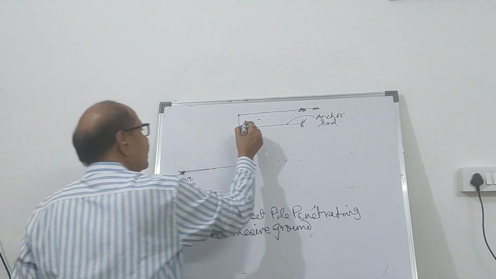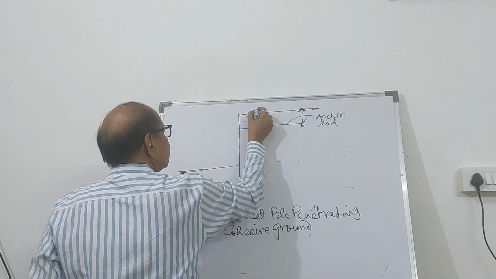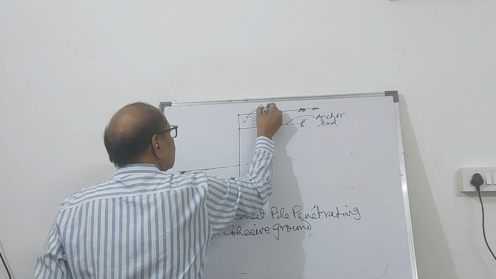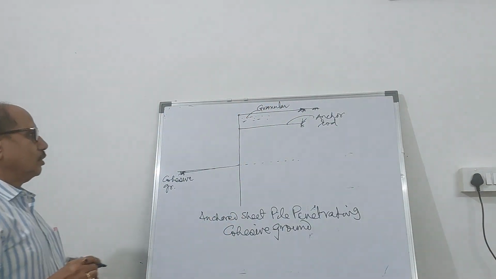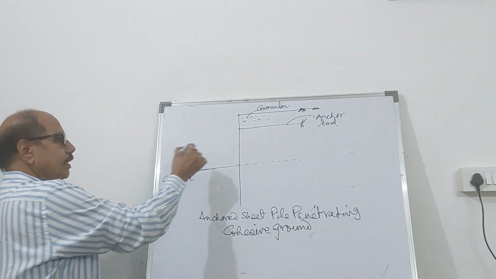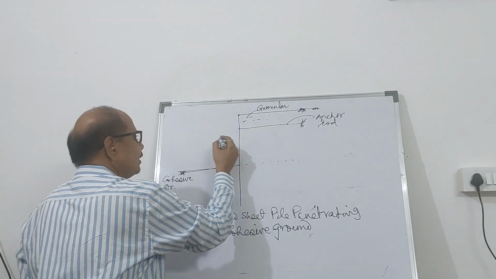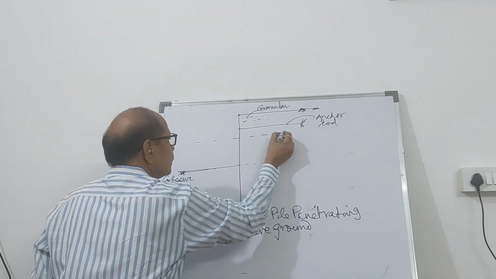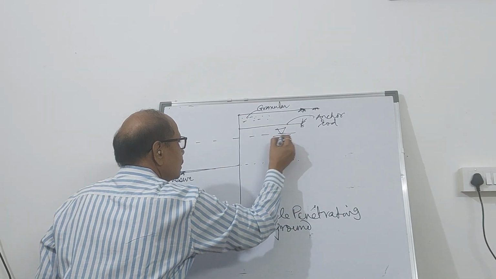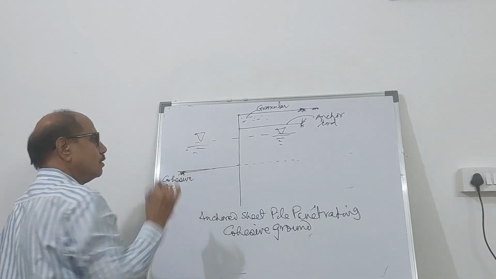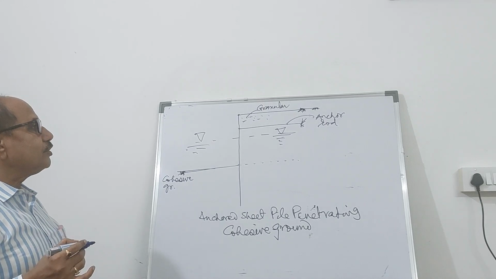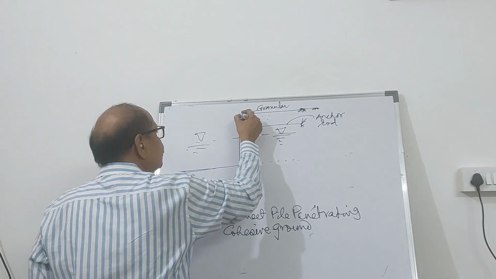And this is the granular backfill. Right? And this is the anchor rod. Now let's say there is a water table. Now how will the pressure distribution change?